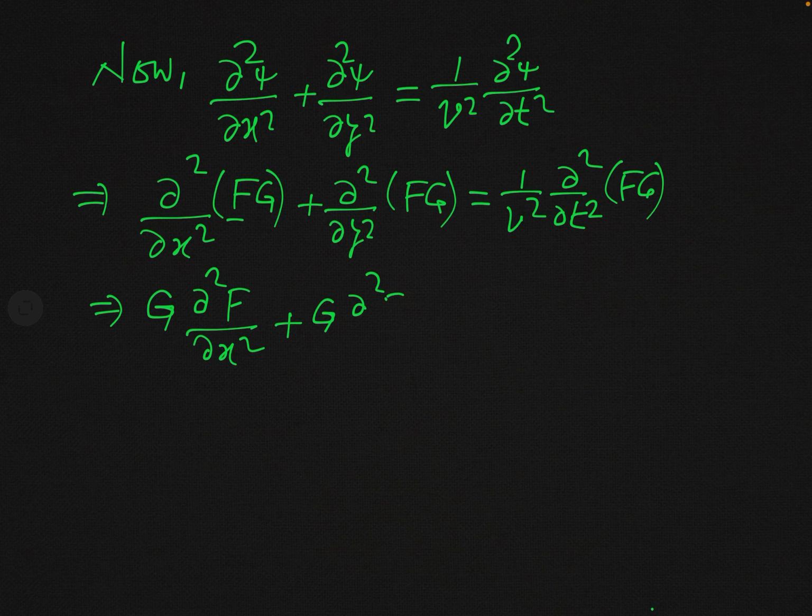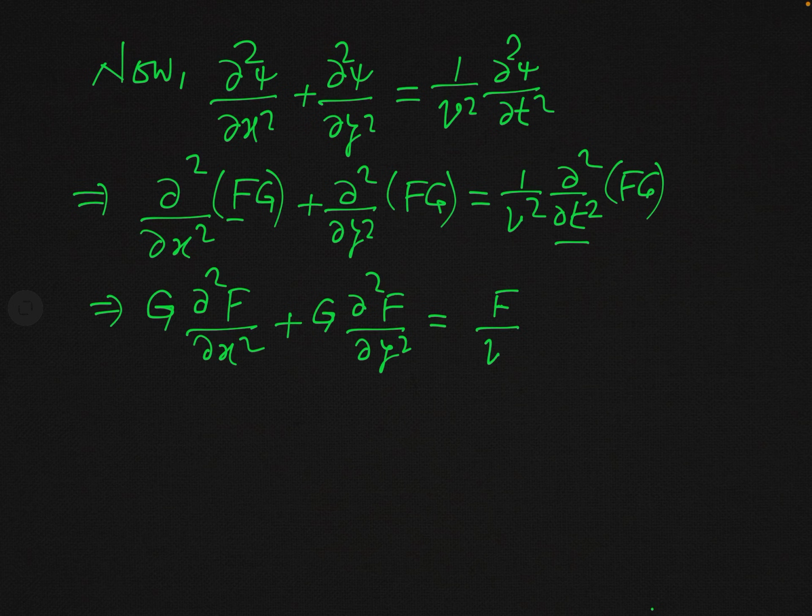This is equal to, now you see the RHS. Here we are differentiating partially with respect to t, so f will be treated as a constant because f is a function of x and y, not of t. So let us take this f outside of the differential operator.